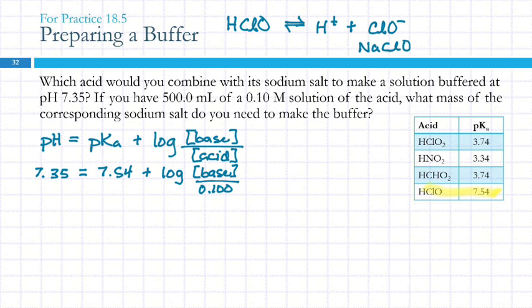So the way I would solve this is I'd take the 7.35 and subtract the 7.54. It'll give me negative 0.19, which is equal to the log of the base divided by 0.100. To get rid of the log, I'm going to take 10 to the x of both sides.